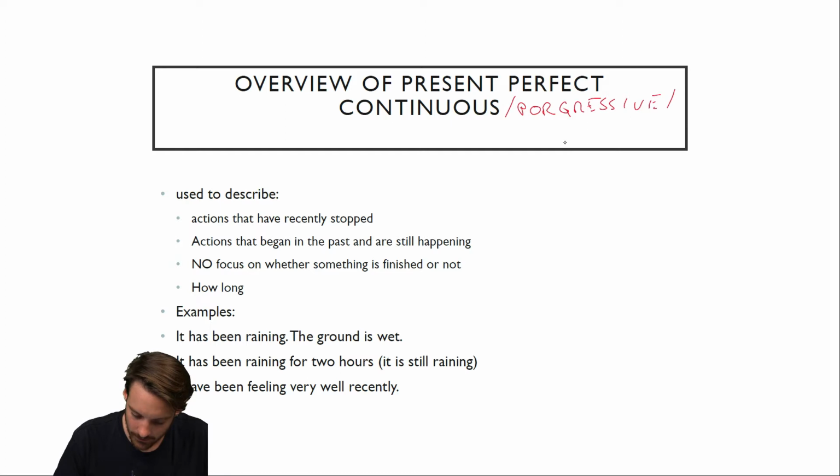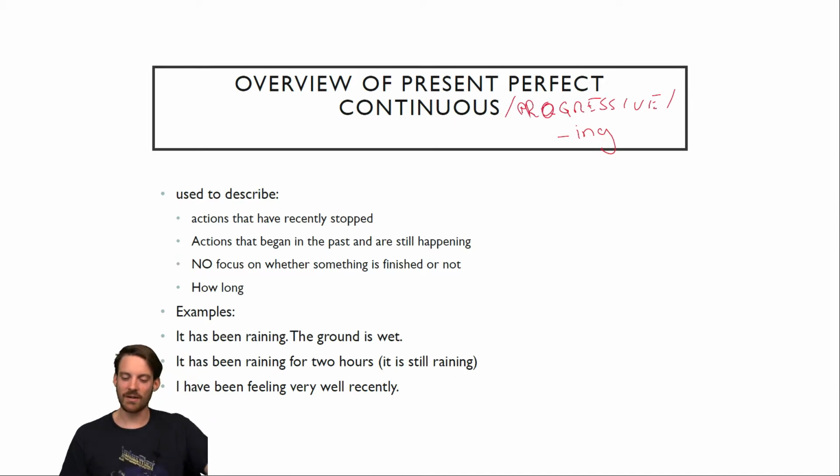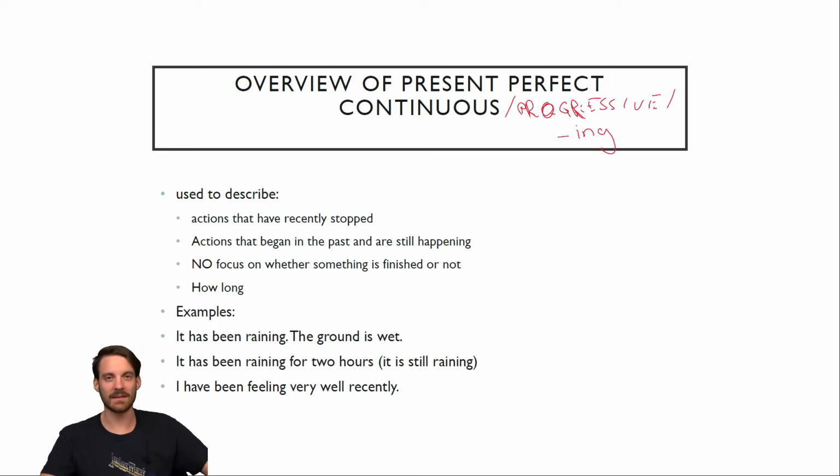Progressive is used to describe actions that have recently stopped. It has been raining, for example. It's already listed down there. Also actions that began in the past and are still happening.